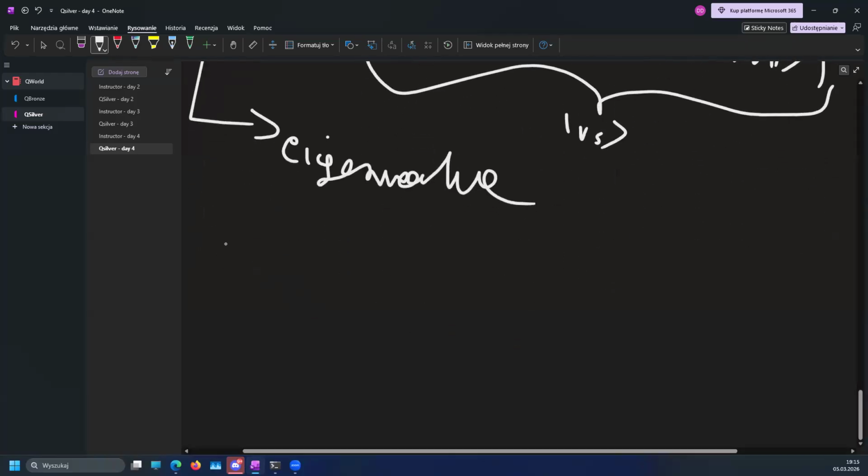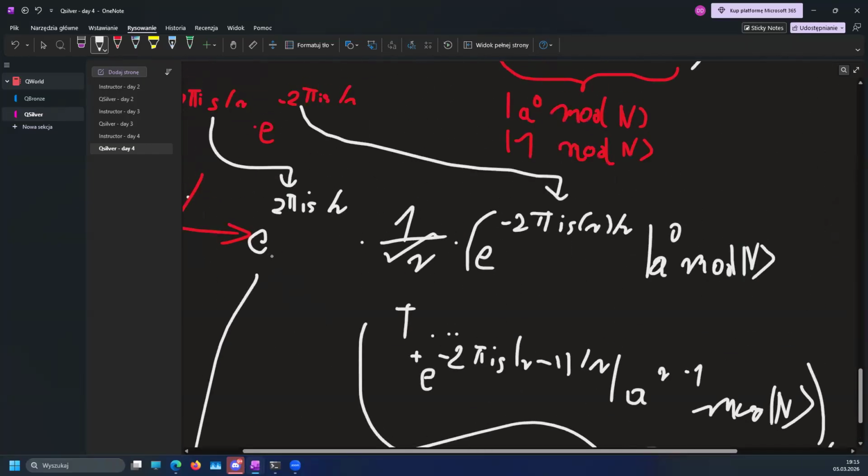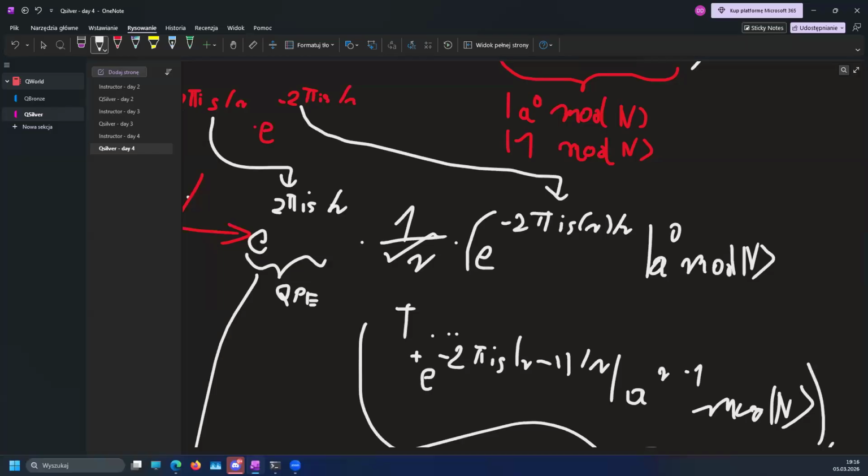So since Vs is an eigenvector of U, we can use the phase estimation algorithm to estimate this eigenvalue. Yes, so here we will use the QPE to find this. Because here we have some s and r, so you can see that we have two unknown variables to guess, s divided by r.